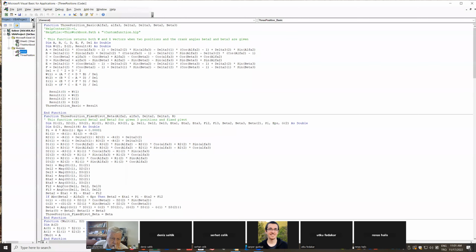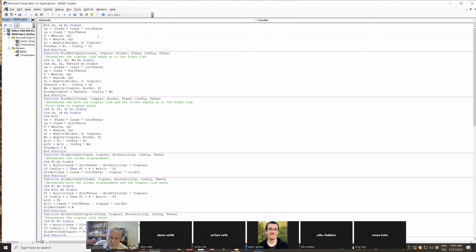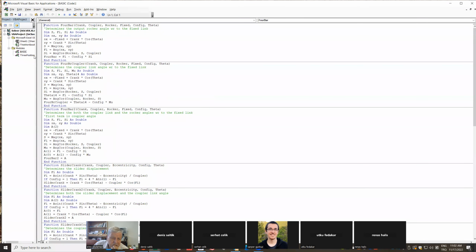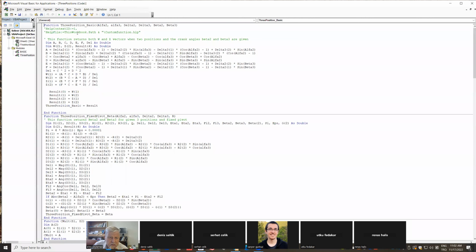The basic function, you already know, is the solution of simple mechanisms. Then the 3 position function: here you will see 3 position basic, alpha 2, alpha 3, delta 2, delta 3, beta 2, beta 3. And you obtain W and Z.